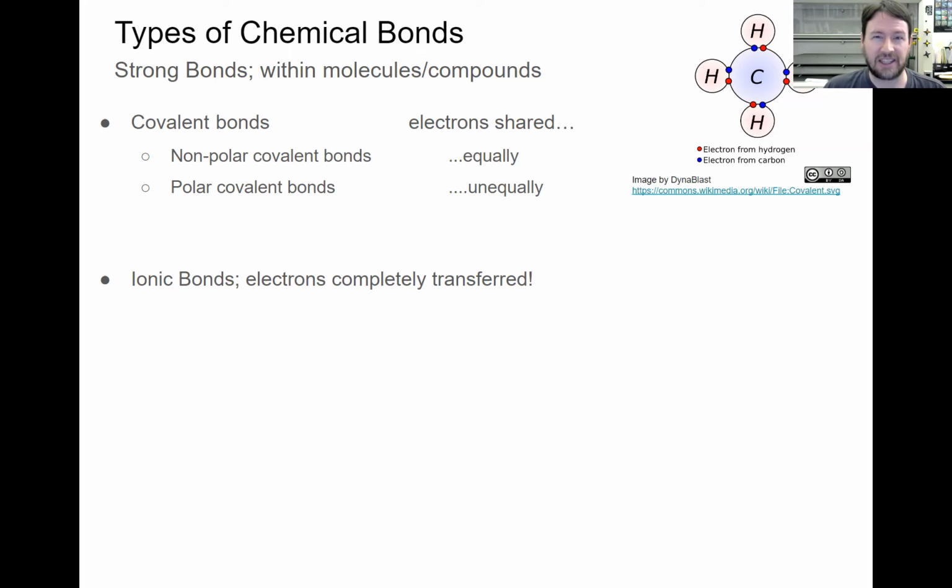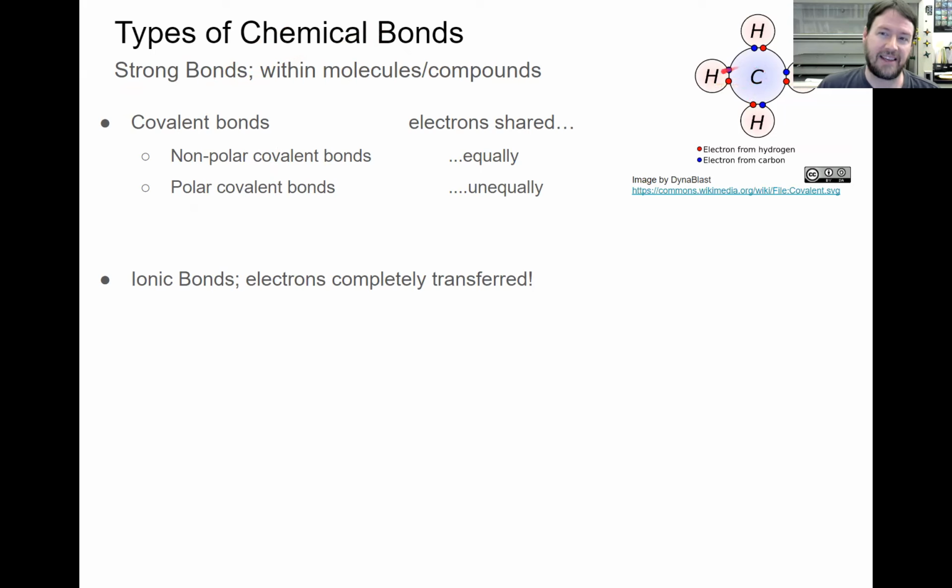If we think about hydrogen gas, that's H2, or oxygen gas is O2, or nitrogen gas is N2. So when it's the same atom, it's got the same pull on those electrons, and those are going to be shared equally. The other time we see this is between carbon and hydrogen.